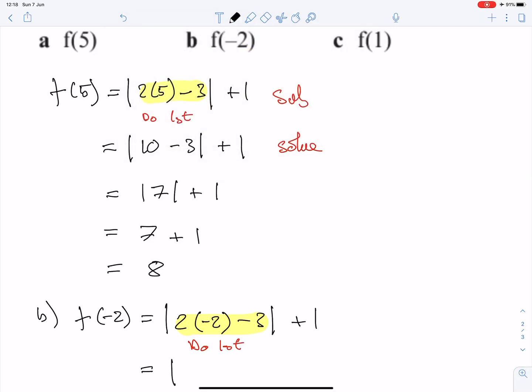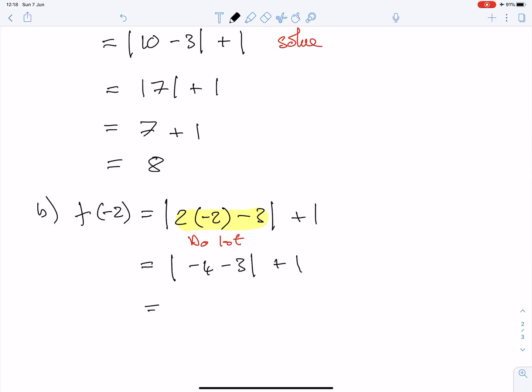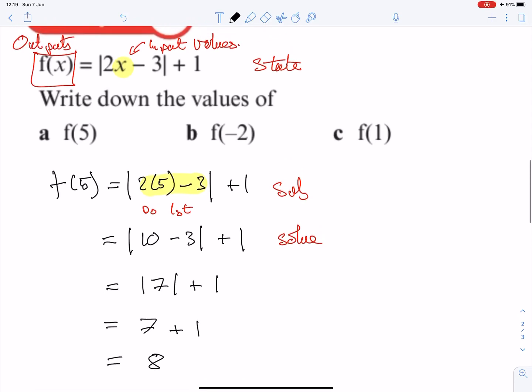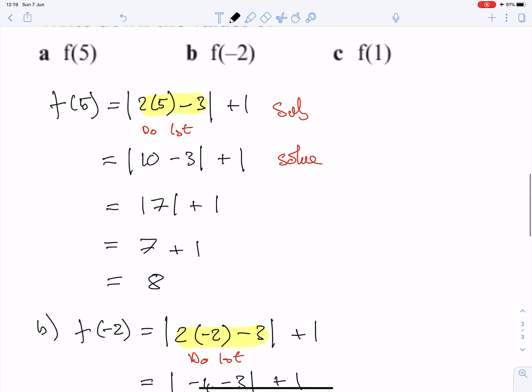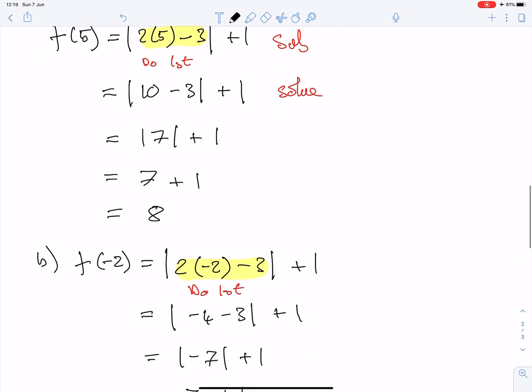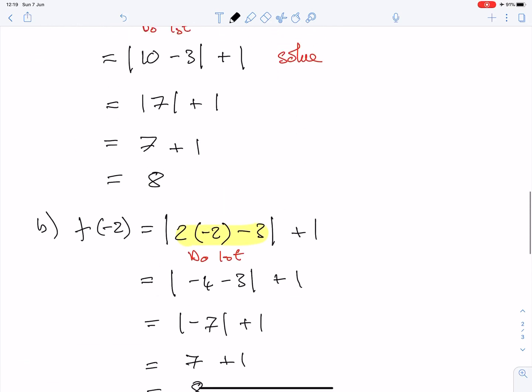So we get -4 take away 3, plus 1. That becomes -7, plus 1. Apply the modulus. So we get 7 plus 1 equals 8. Interesting there that you put 5 in and you get 8 out, and also you put -2 in and you get 8 out.